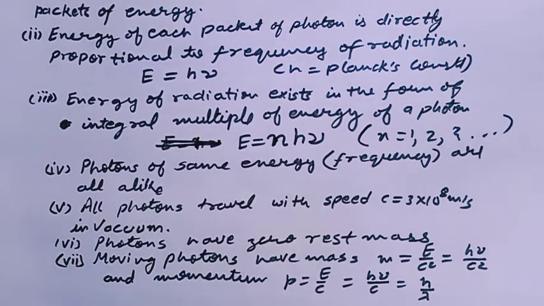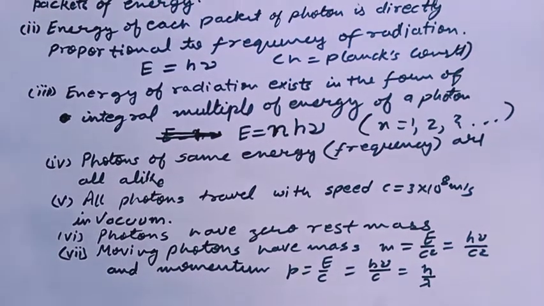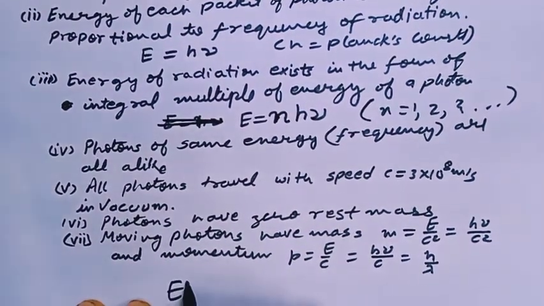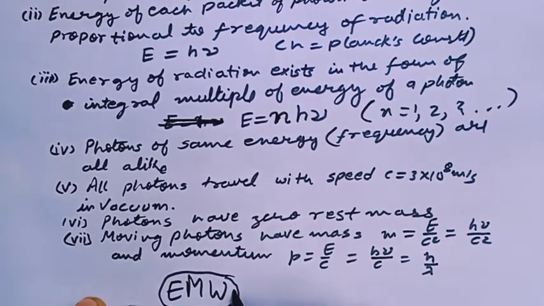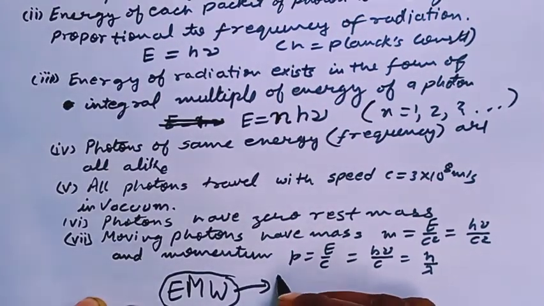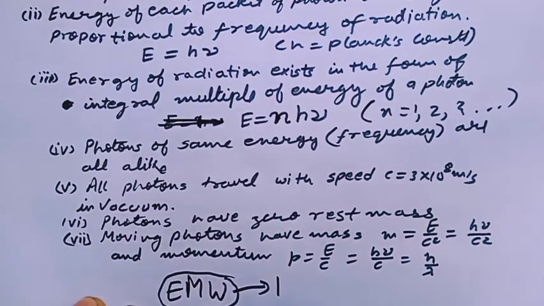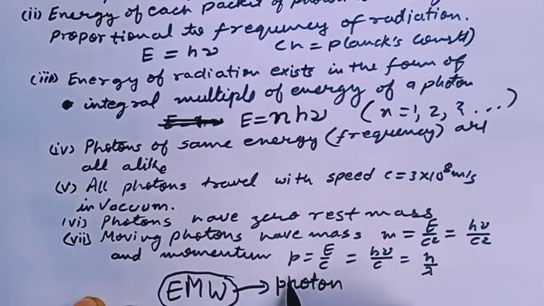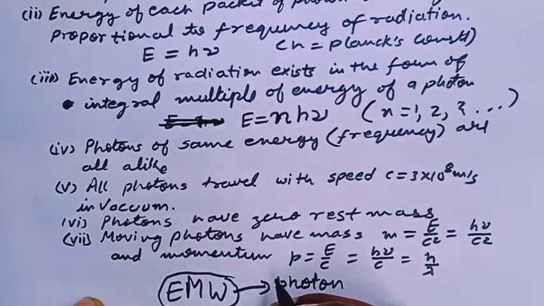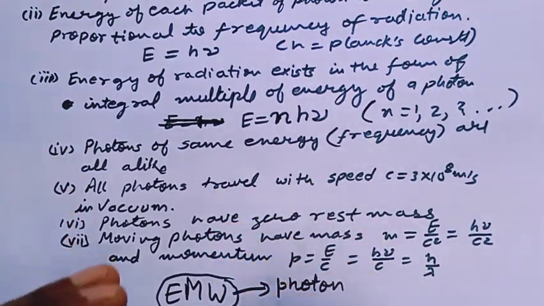So this is all of it, and all in all, the big picture is that the light which we usually see and all the radiation, I would say the entire electromagnetic wave spectrum, corresponds to some photons associated with them to carry their energy, and therefore this quantum theory is of a wide range.